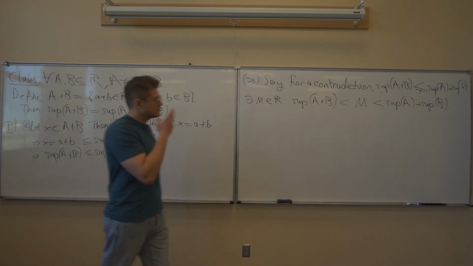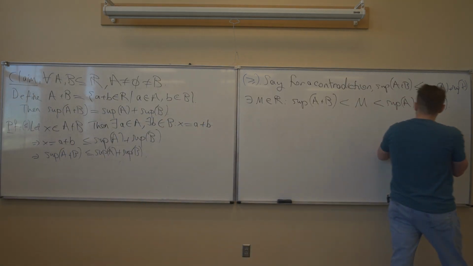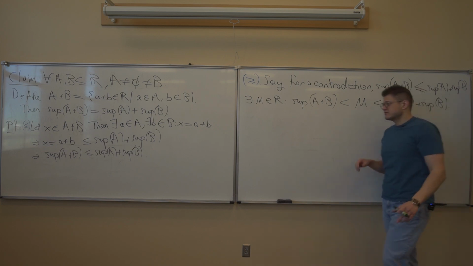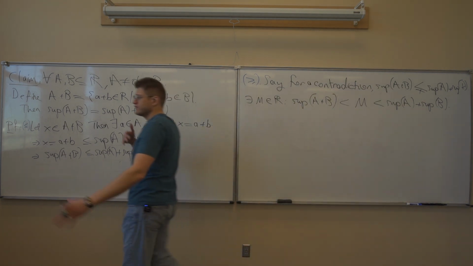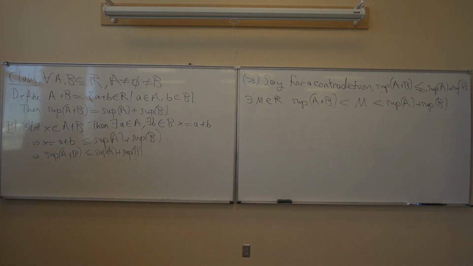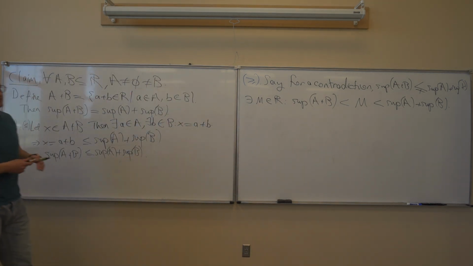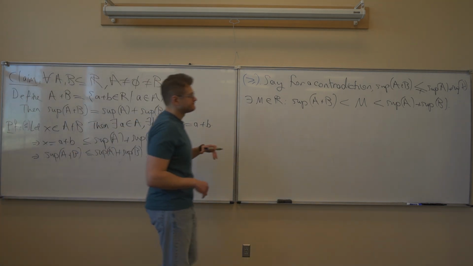Well, I want to do something about this sup of A. Divide and conquer, okay? So I can try sending this guy to the other side, but if B is unbounded, then things sort of get complicated. You should always be careful about positive infinity and negative infinity and doing inequalities with them. Even though I define them, if possible, you should always work with numbers, or at the very least split the cases.